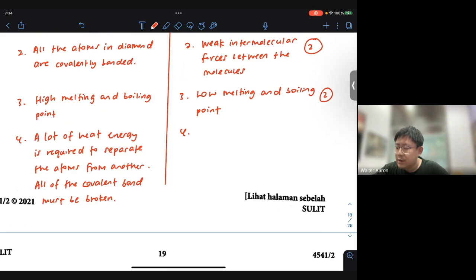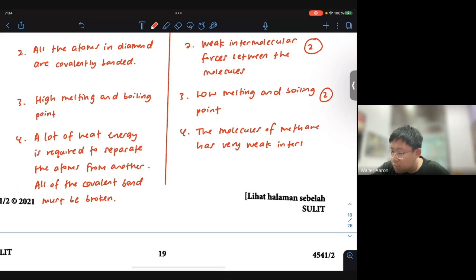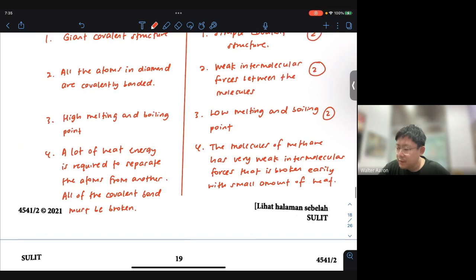Okay, so here you see the molecules of methane have very weak intermolecular forces that are broken easily with a small amount of heat. Then you'll be able to get another 2 marks over here.